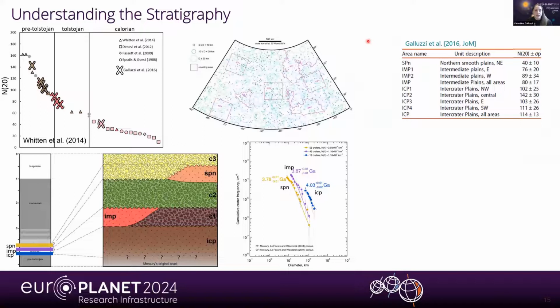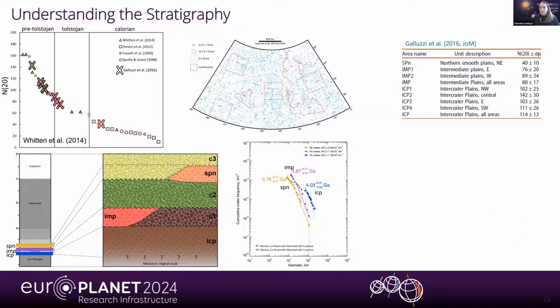For example, here in this quadrangle, by counting the craters on the main units, we can assess their relative age by seeing that, for example, intercrater plains are indeed the oldest unit, and what the mapper chose as intermediate plains via the morphostratigraphic approach were indeed a younger unit than intercrater plains, and smooth plains were the youngest unit.